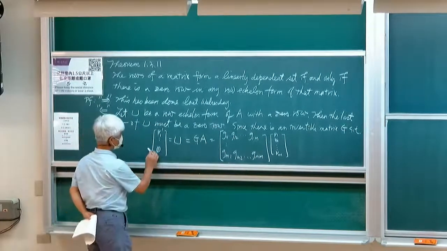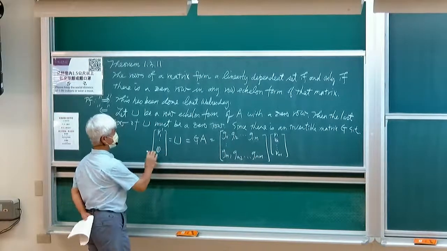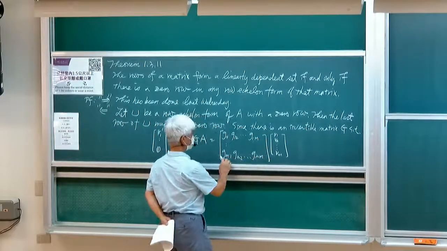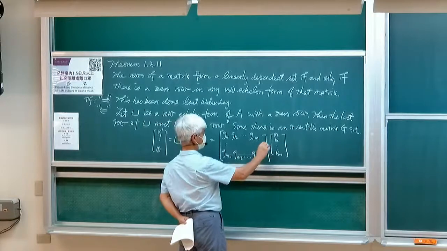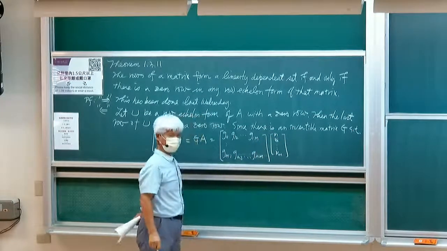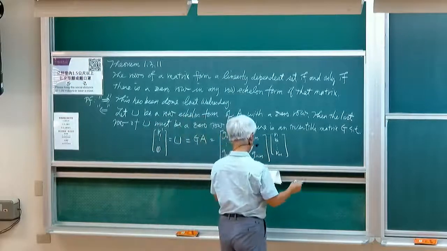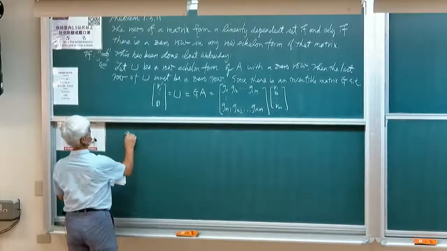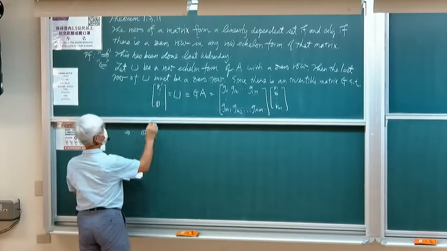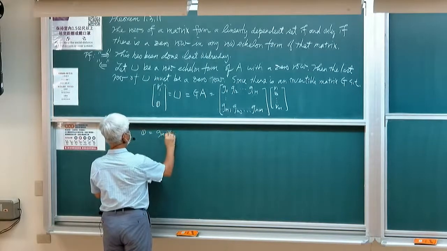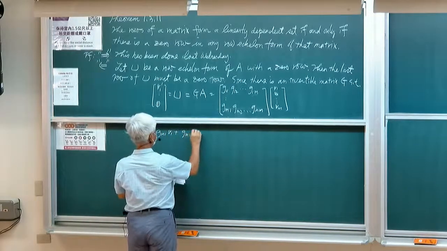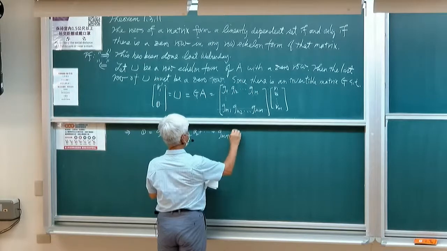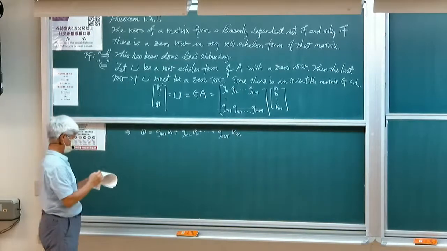Now, the last row of U is 0, right? And the last row of U is the last row of the G matrix multiplied with the column vector of the row vectors. So that gives us 0 equals GM1 R1 plus GM2 R2 plus up to GMM RM.